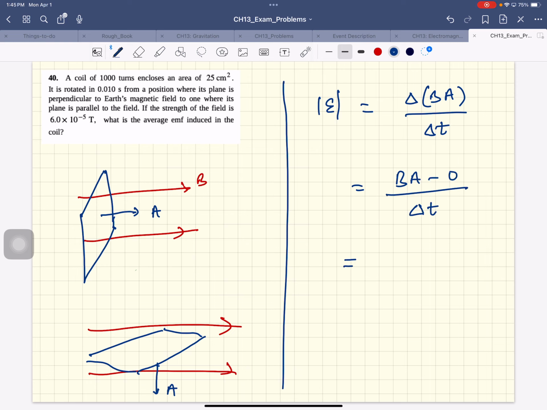Oh, by the way, there's 1,000 turns to the coil. So this was the initial flux, and the area is 25 times 10 to the minus 4 meters squared.